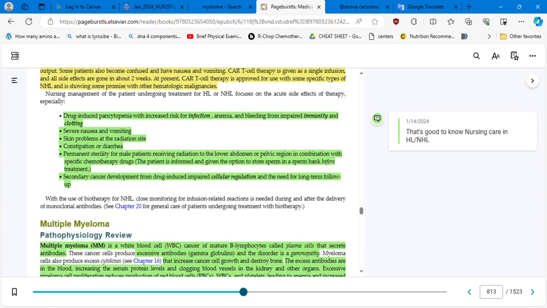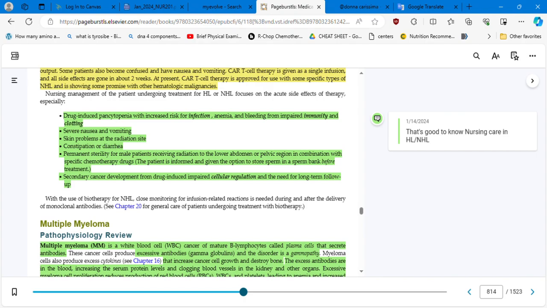If you're going to work in a hematology oncology unit, you need to be prepared to provide nursing care for all these patients, especially post-CAR T cell therapy. Nursing management of the patient undergoing treatment for HL focuses on the acute side effects of the therapy. You need to monitor the pancytopenia, because this can cause infection.